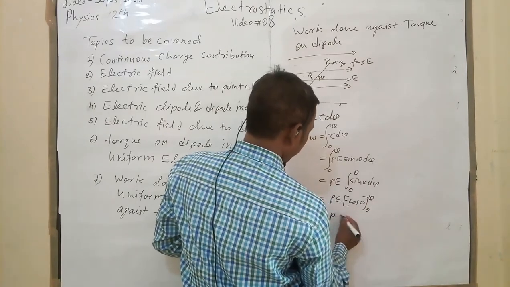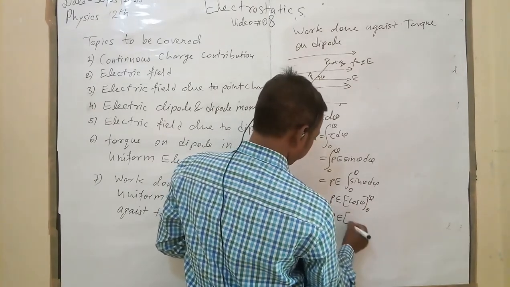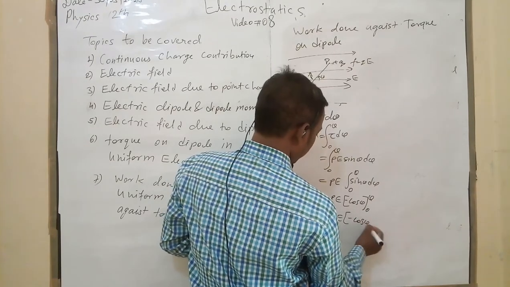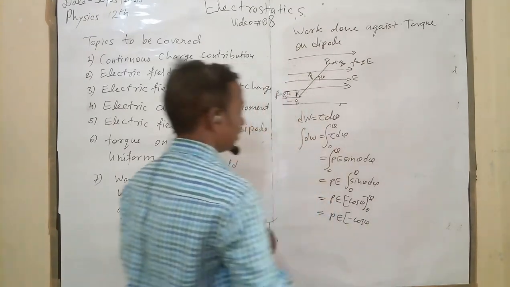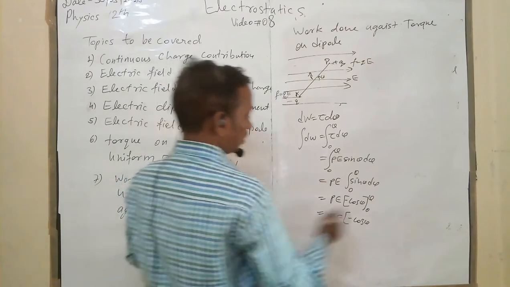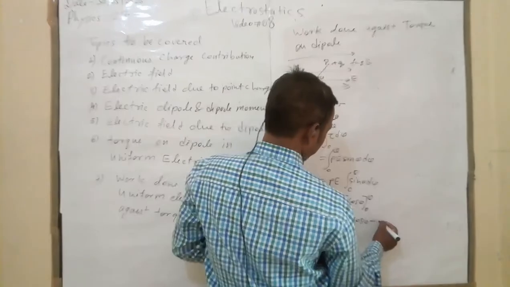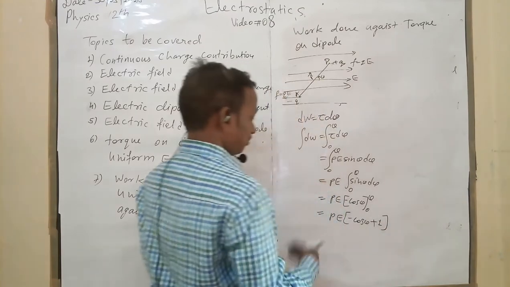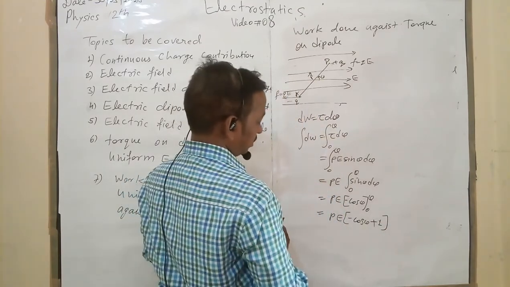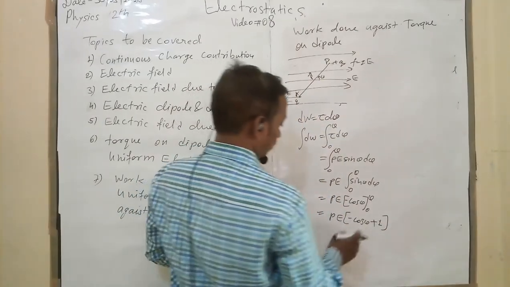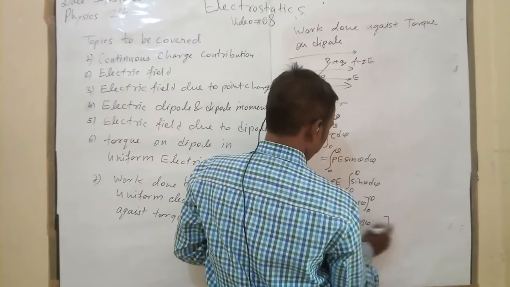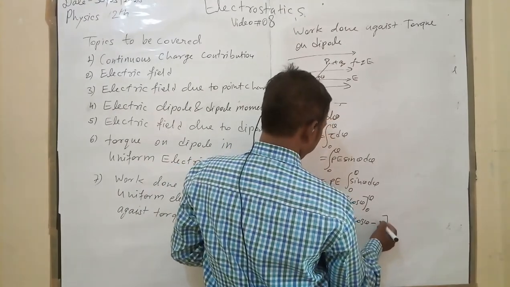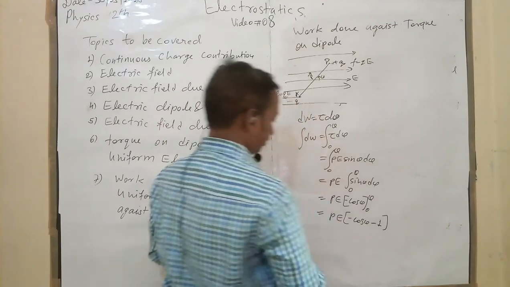Put in the value here, pE times (minus cos theta minus (minus cos 0)), that is minus minus 1.